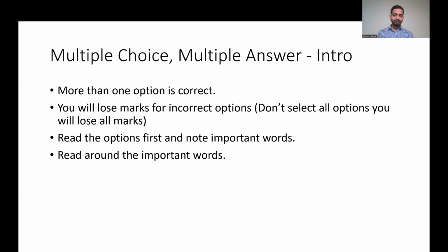So the words that you might have noted as keywords in the options, you can read before the word and after the word to get the context right, and it will help you decide if the answer that you're looking for is correct.